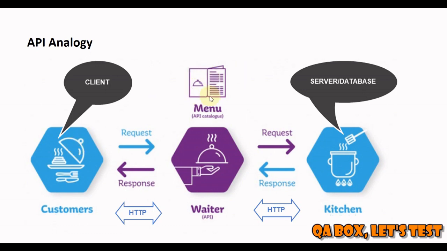You see what is available in the kitchen, and the waiter comes in and takes your order, takes your request, and informs the kitchen that this is what you want. The kitchen processes that and gives it to the waiter. The waiter serves you your meal. So what is the waiter in this case? The waiter is an API.